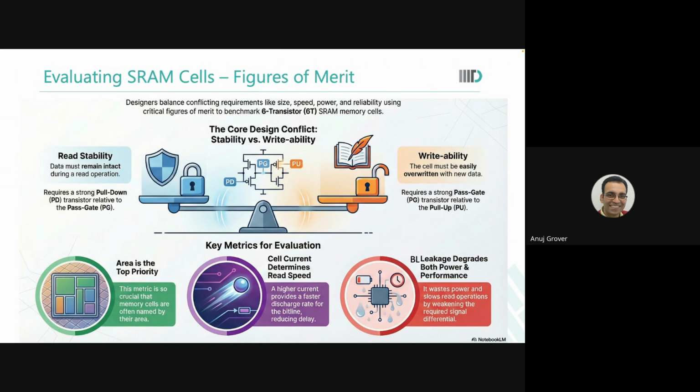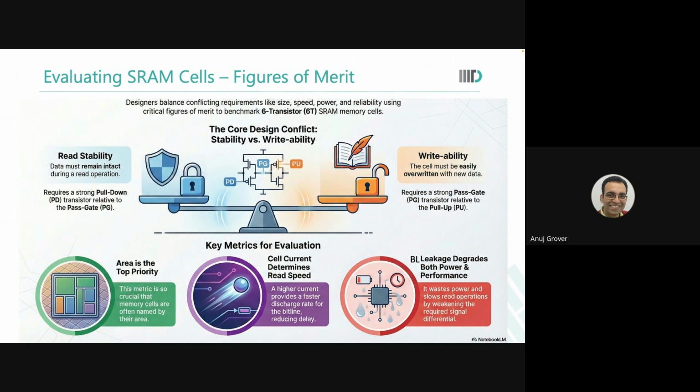But is that the primary impact of bit line leakage? No. What is the primary impact of bit line leakage? Why is performance the primary impact of bit line leakage? Because you can trigger the sense amplifier only when a sufficient differential has appeared at the bit lines.